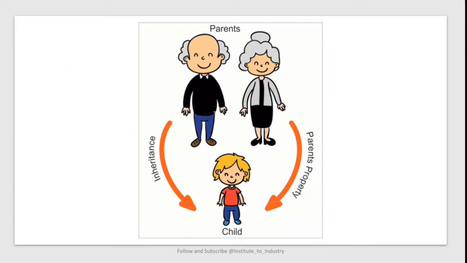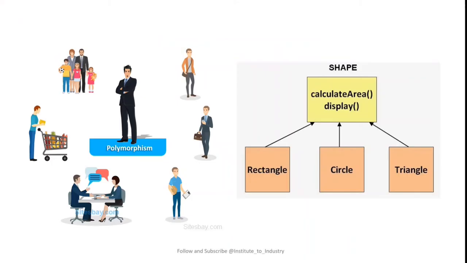That is a behavior we can get from the parent. So properties from the parent can be accessible to the child. That kind of thing can be implemented in the programming world also. So two different blueprints can access the functionality at a certain level. That is called inheritance.